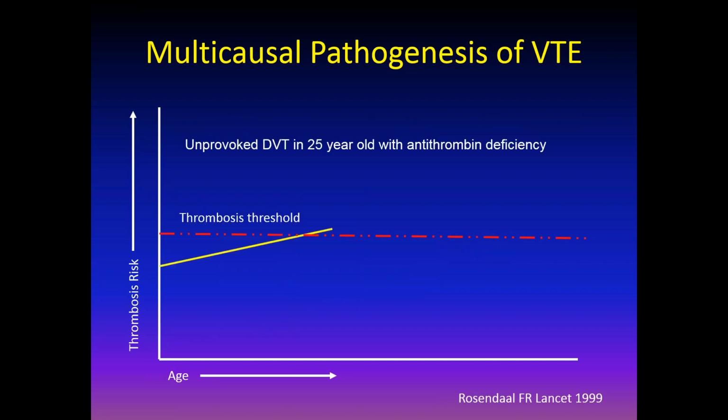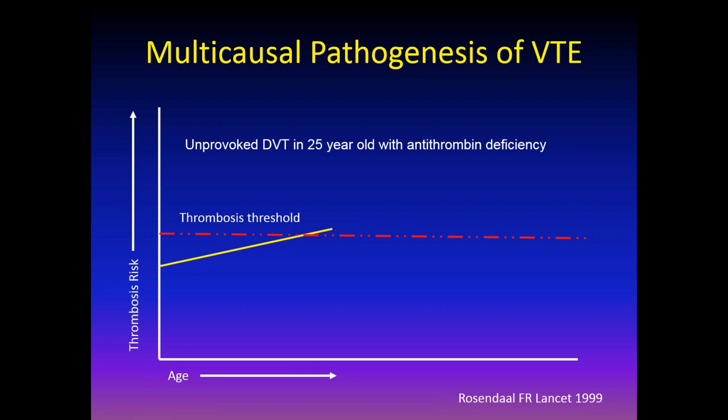And finally, I'll end with a case that Mike is going to spend a lot more time on, the specifics of antithrombin deficiency. Patients with antithrombin deficiency are generally thought to have a much more thrombophilic state than patients with factor V Leiden. This is a case of an unprovoked DVT in a 25-year-old who, because of this very hypercoagulable baseline state of antithrombin deficiency, is much closer to the thrombosis threshold, and they breach this threshold, in this case, without any provoking event because of this potent thrombophilic state.